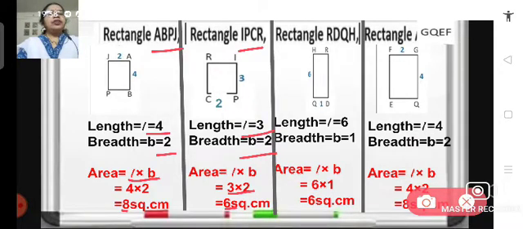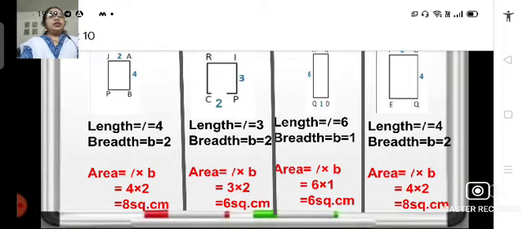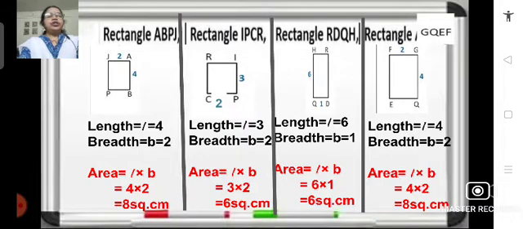And in the next rectangle RDQH, the length is 6 centimeters HQ and breadth QD is 1 centimeter. So, the area will be 6 multiplied by 1, 6 square centimeters. And in the rectangle GQEF, length is 4, breadth is 2. So, the area will be length into breadth, that is 4 into 2, 8 square centimeters.